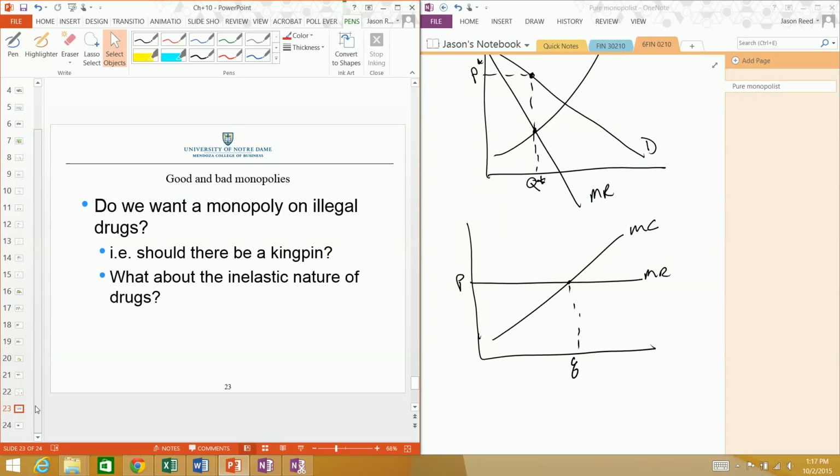Another instance of this is essentially talking about Alcoa. So Alcoa was an aluminum provider, and so they had a monopoly over aluminum because they were the only ones able to essentially produce aluminum from the mines that they owned.